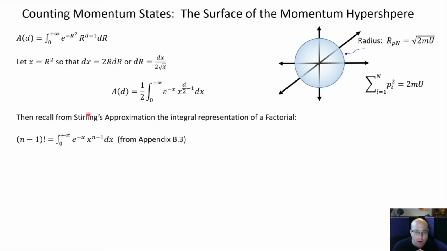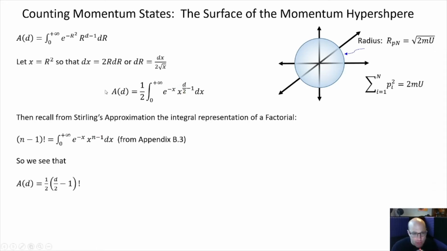So I'm writing it in a little bit different way than Schrödinger does to make the connection more clear. N minus 1 factorial integral representation is integral from 0 to infinity, e to the minus x, we've got that, x to the n minus 1 dx, right? And so here we've got exactly n minus 1 if we identify n equal to d over 2.